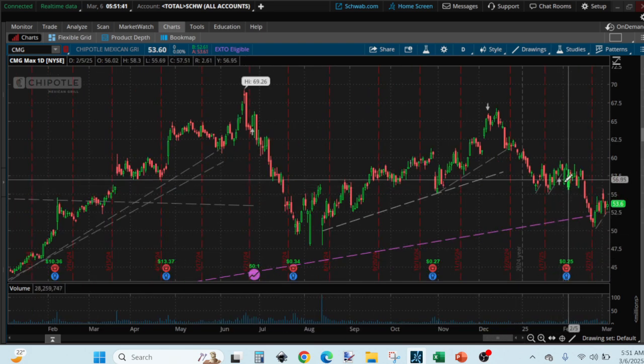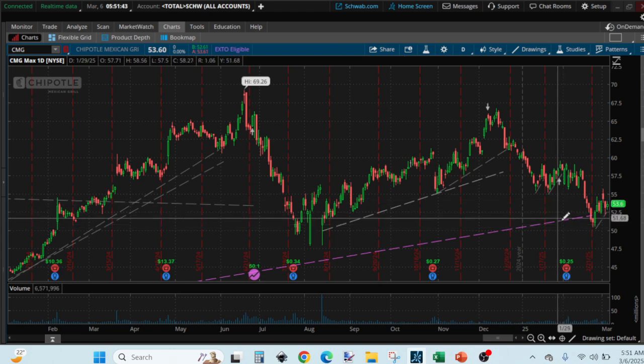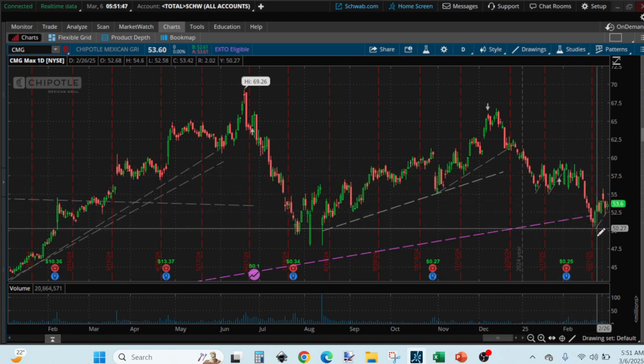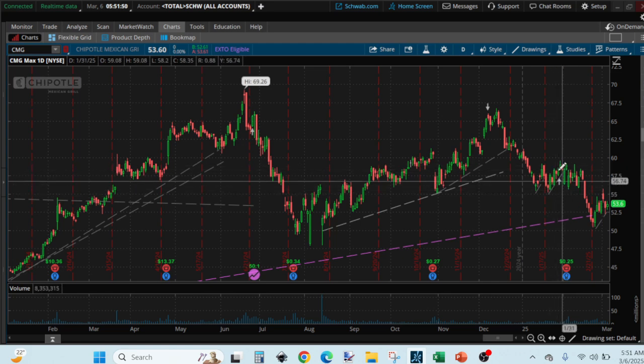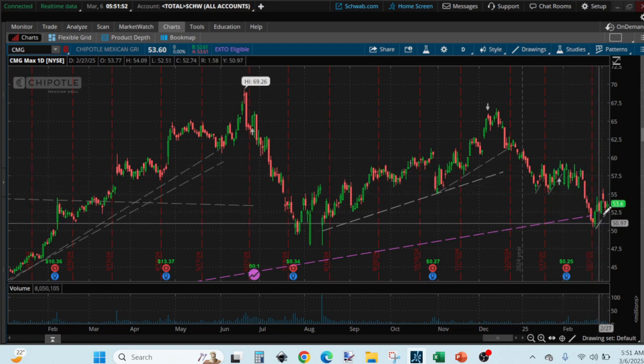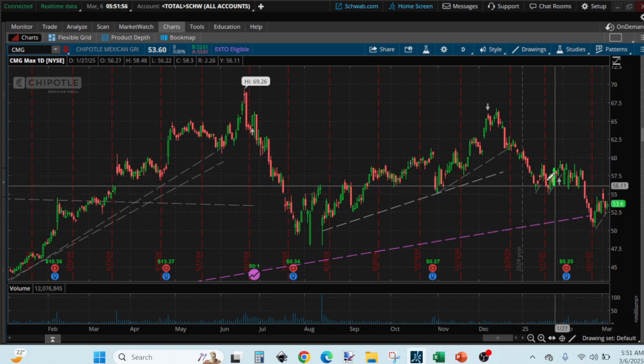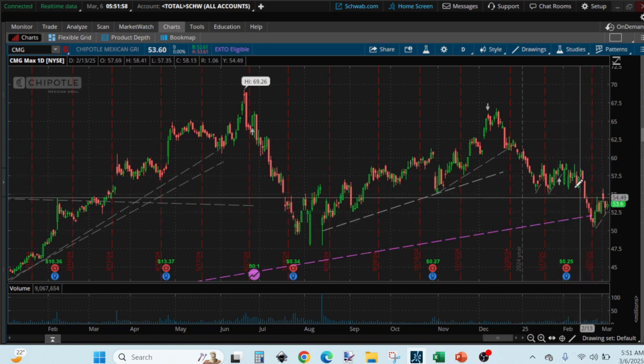And I think I just got in too early. It was quite far from this trend line. But yes, I got in too early, and buying around the trend line would be more ideal. But again, I was not too far from the trend line.